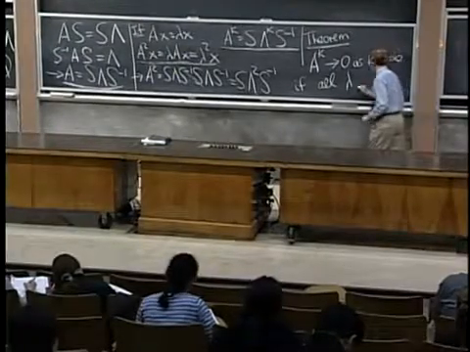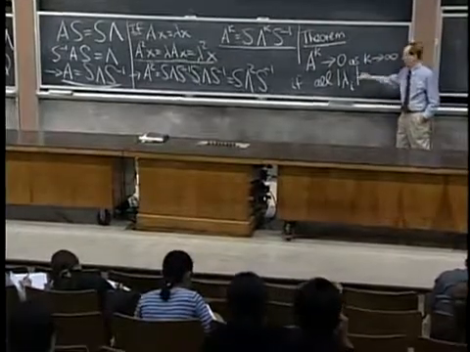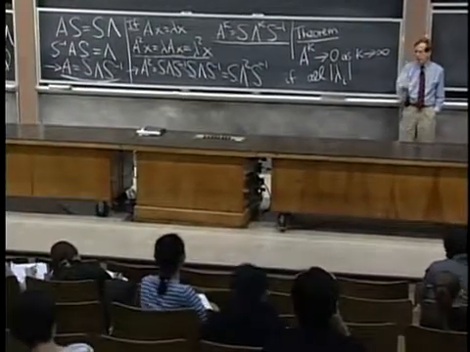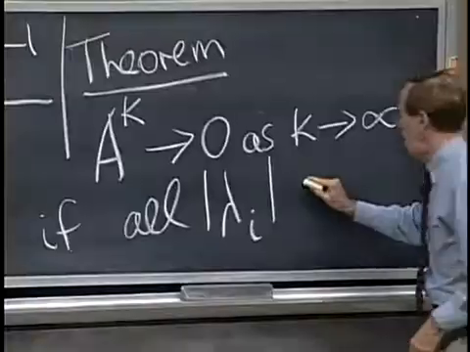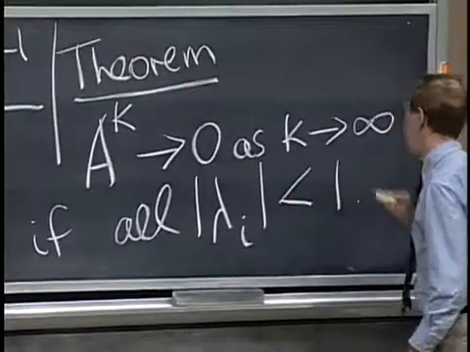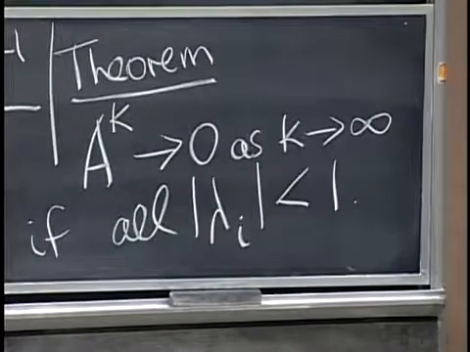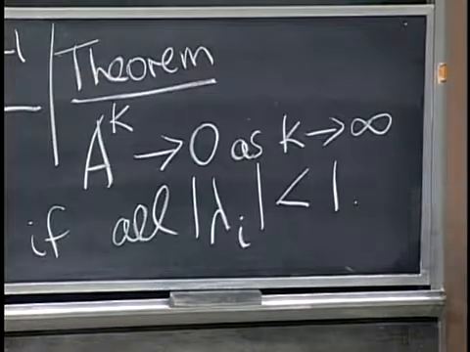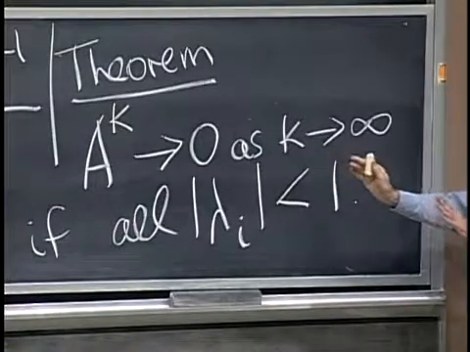I have to write the absolute value, because those eigenvalues could be negative, they could be complex numbers, so I'm taking the absolute value. If all of those are below 1, we practically see why.